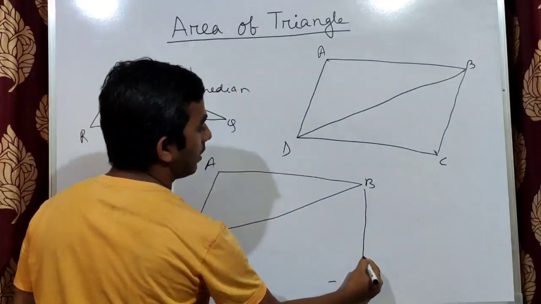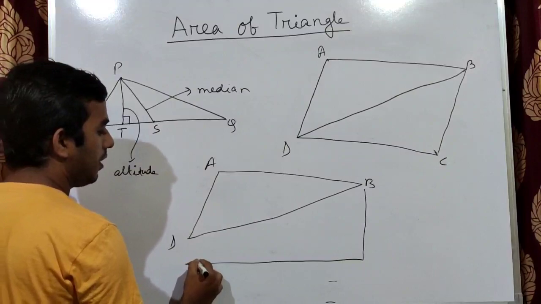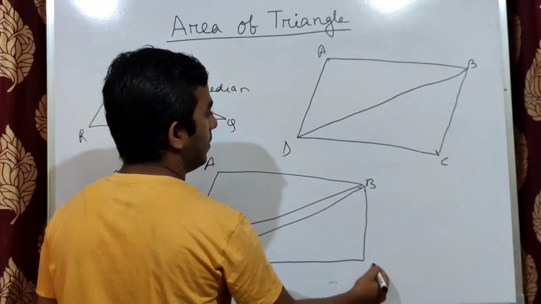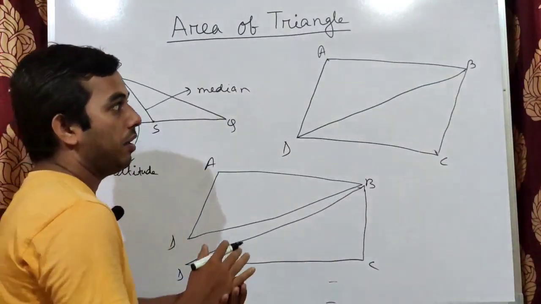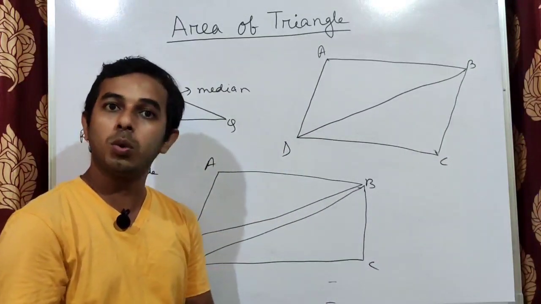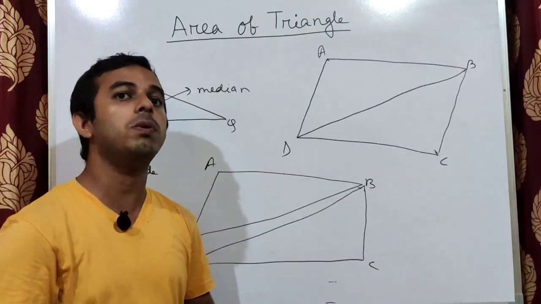So this will be like this. This is B, C, and D. So a diagonal divides a parallelogram equally into two parts. Let us assume that this diagonal divides the parallelogram equally into two parts.